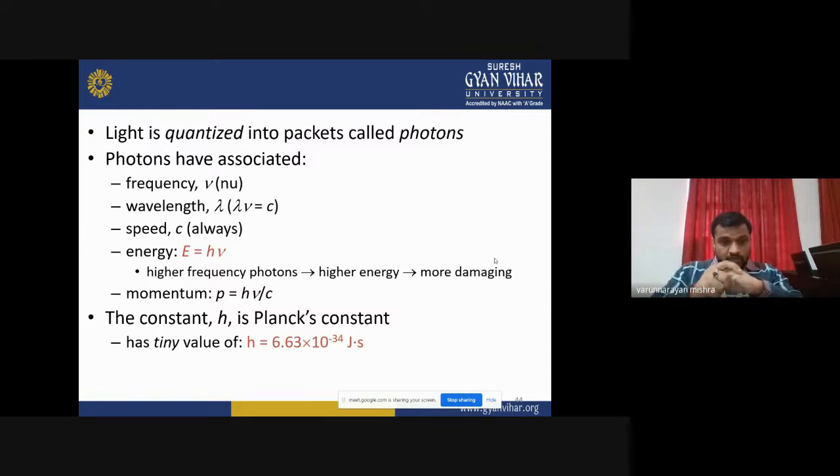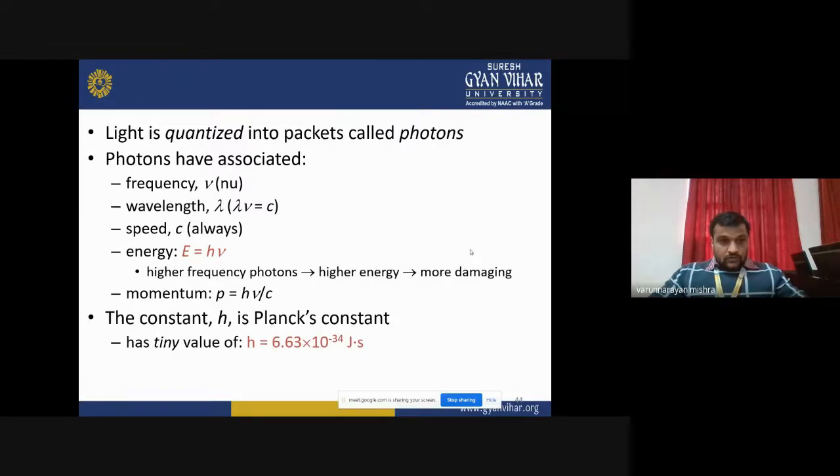E = h nu is the energy of that photon or quanta that was released by the metal or object. Higher frequency photons have high energy, which is more damaging, and the momentum can be calculated using the equation h nu by c, where h is Planck's constant. This constant's value is around 6.63 × 10^-34 joule second.